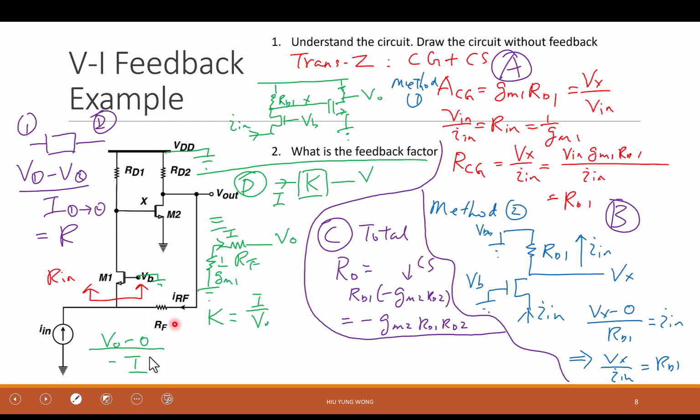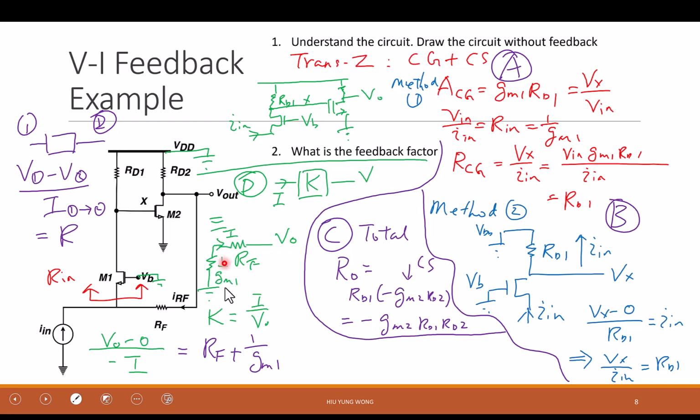Same here. If you say this is V0 minus 0, as you want to define it in this way, then your current has to be going in this direction in order to get RF plus 1 over GM1. You can call it whatever you want, you call it IB if you want.